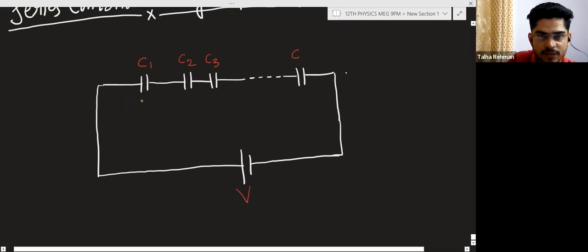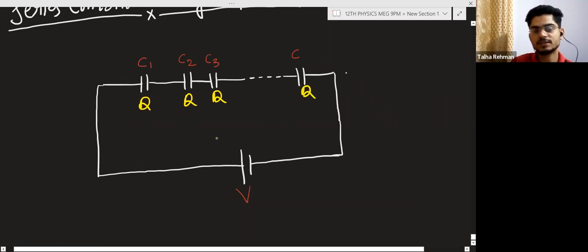So I am writing the charge as Q here, here also charge Q, here Q, here Q. But the potential is different. Here the potential is V, and here it is V, because there is no capacitor in between.